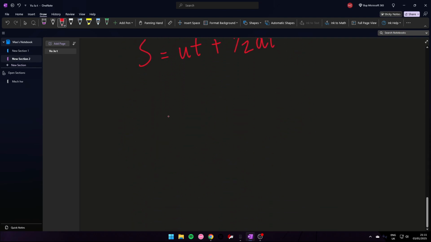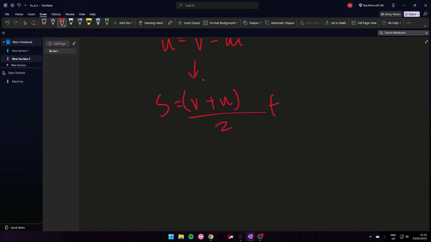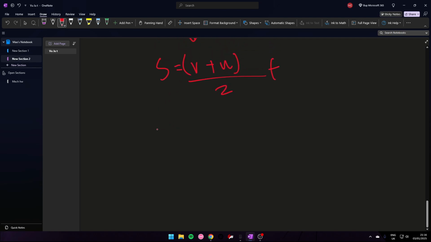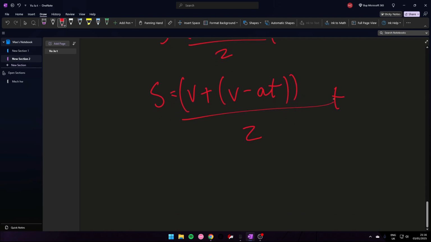Next one we're going to do is rearrange this formula for u. So we're left with u is equal to v take away at. Now we're going to substitute this into s is equal to v plus u over 2 t to get this. s is equal to v plus v take away at, over 2, times t.